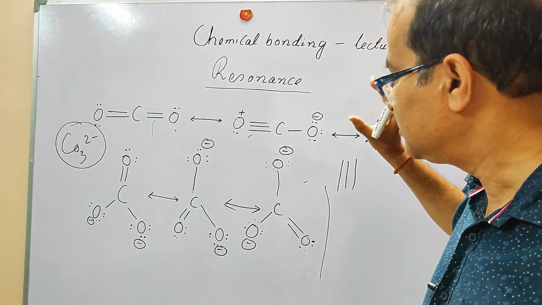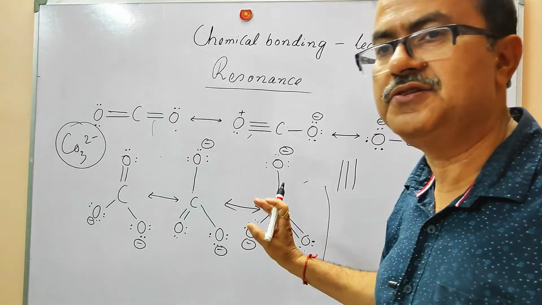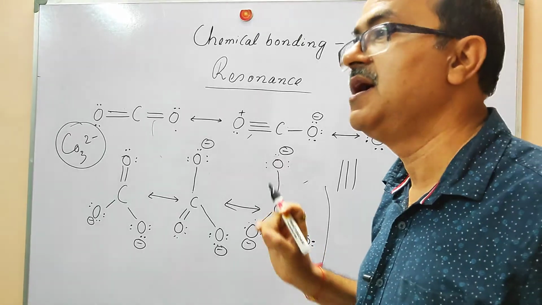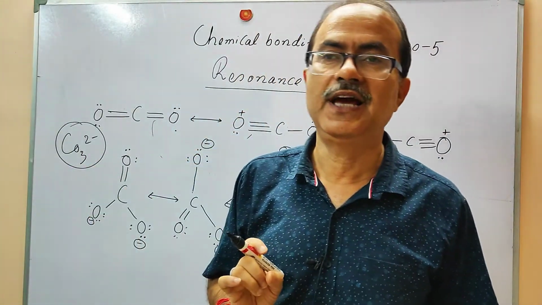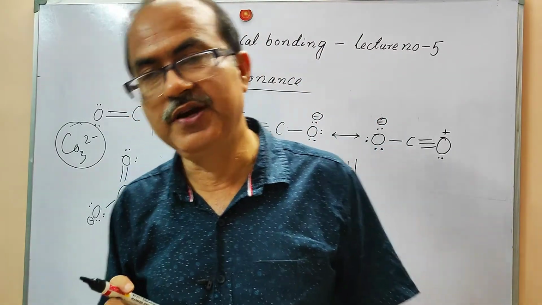There is a structure in between all these structures. This is called the resonance hybrid structure, and it explains the actual structure of the carbonate ion.